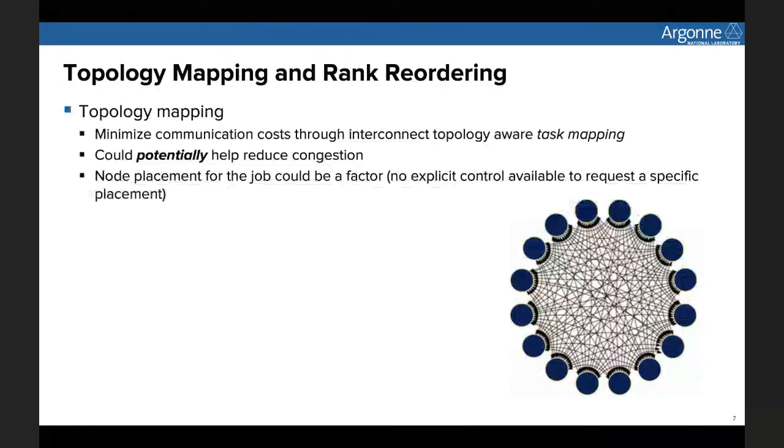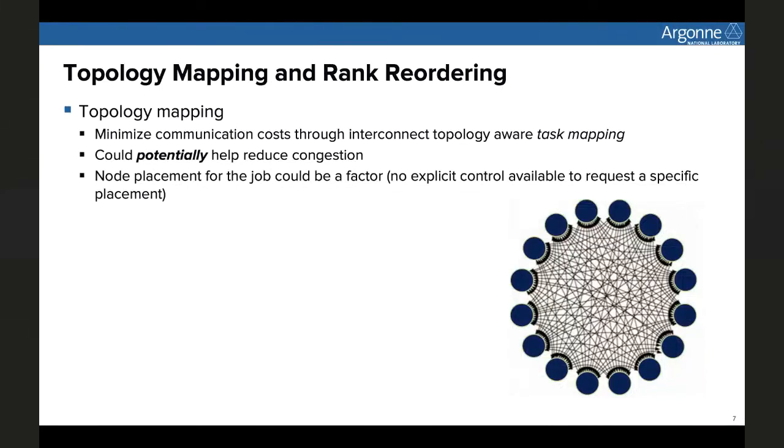The figure here shows a schematic view of the topology. Each blue circle here is a group, called one Dragonfly group, and there are multiple such groups, all connected by all-to-all links with global optical cables.